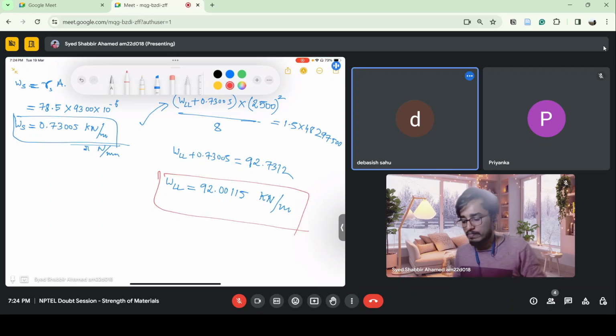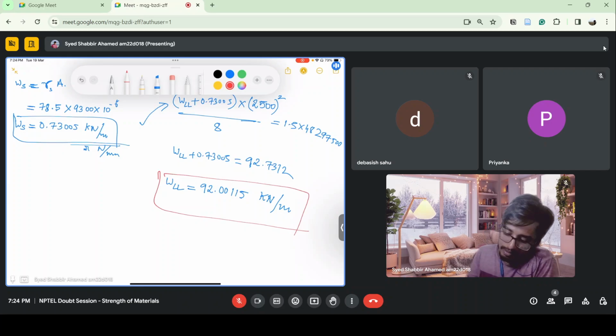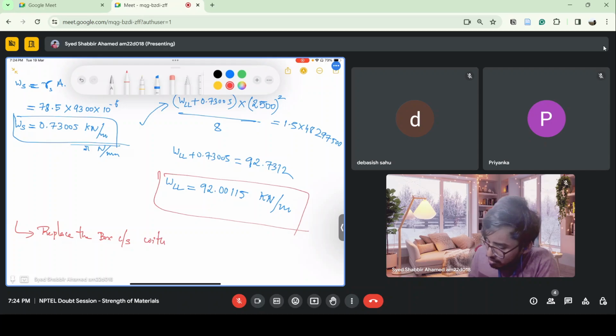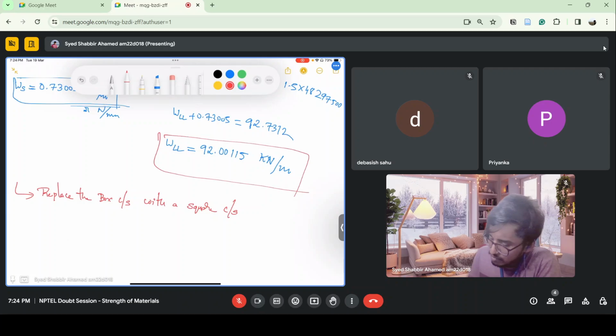No, sir. Okay. Let's say I replace this box section with a square cross section, obviously having the same area.